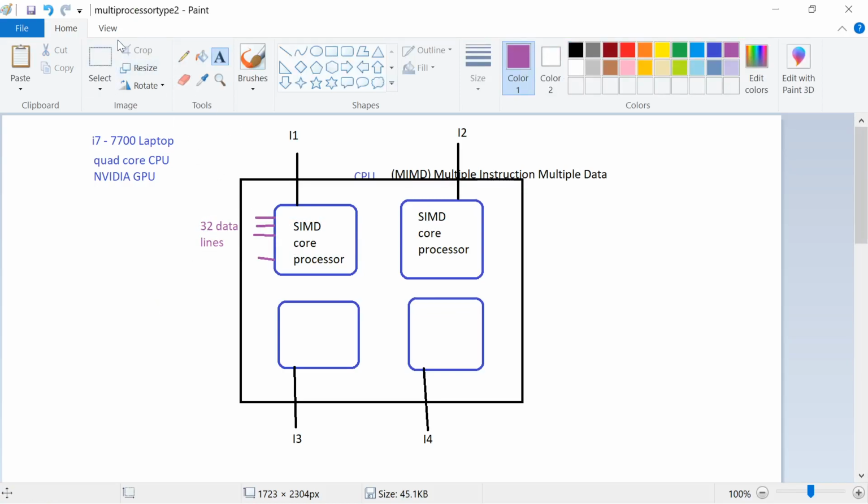In the same way, my second core is also having 32 lines over here. In the same way, I have 32 data lines over here.